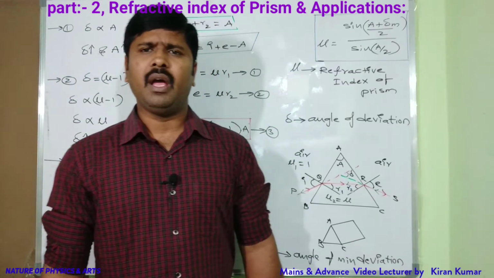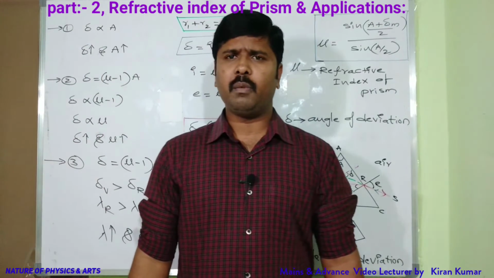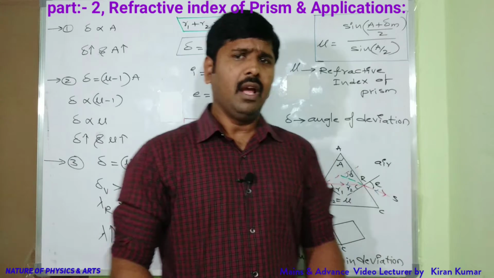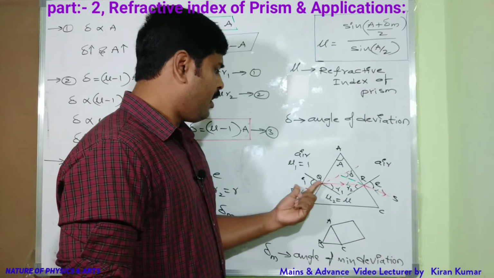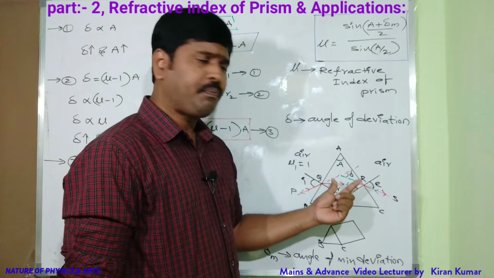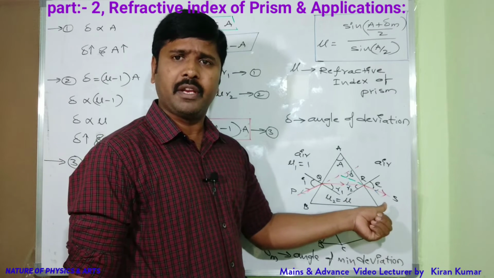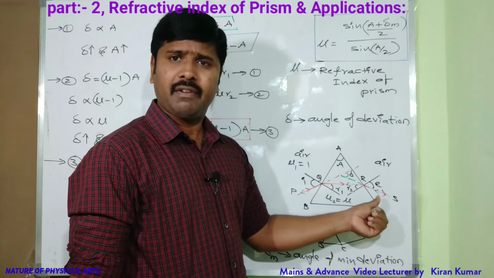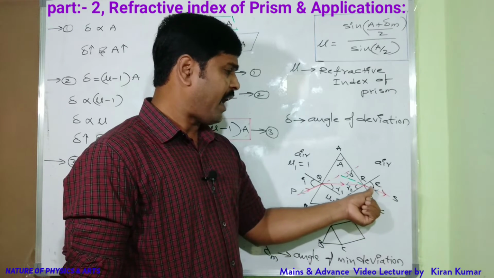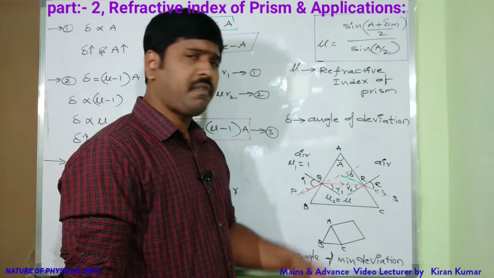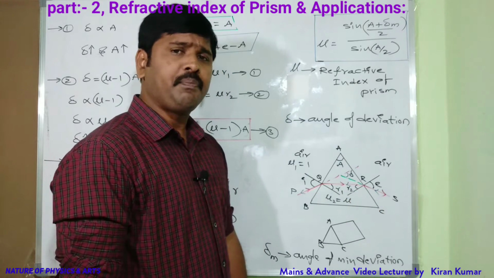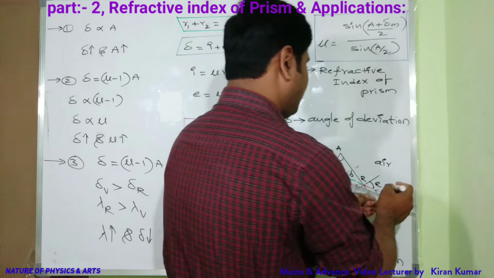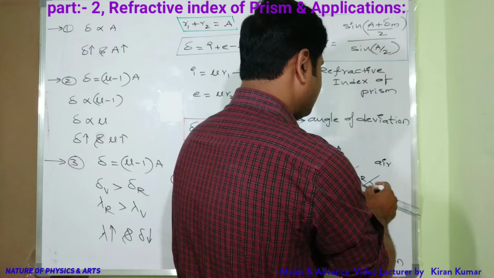Okay, in a prism the law of refraction is obeyed, that is, light travels from the rarer medium to the denser medium and from the denser medium to the rarer medium, and also light can travel from the second refracting surface to the first refracting surface with the same angles. See, this is the direction we can consider.